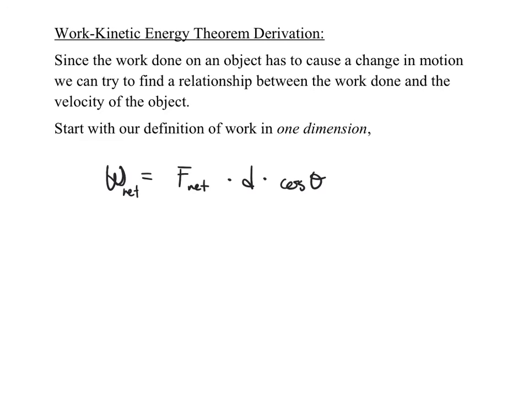If I'm looking at the overall work, I need to look at the overall force acting on this object. Then we want to say to ourselves, F net. Well, that is M times A. So on the next line, let's replace F net with MA.